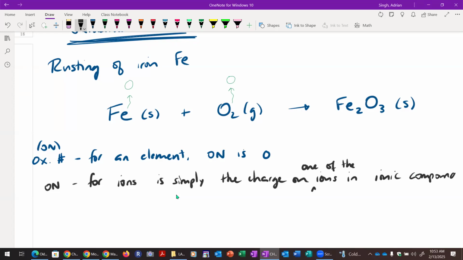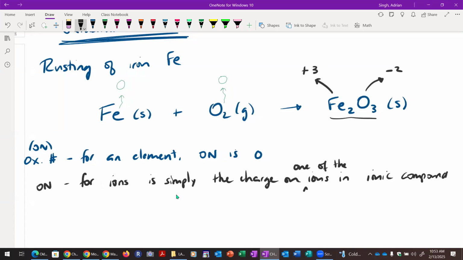So here I have my iron oxide. That's an ionic compound. What's the charge on the iron? What's the charge on the oxide? Well, we know oxide is always -2. Oxygen always forms a -2 charge. And you can do your cross charge in reverse here to determine that the charge on the iron in each of these ions is +3. And that's the oxidation number that we have in both of these.